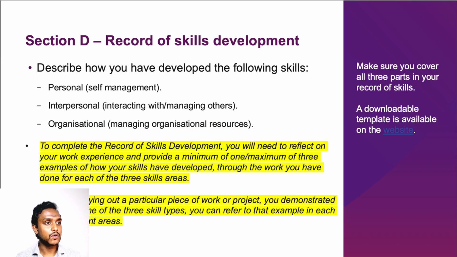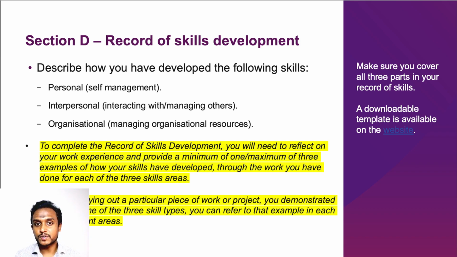CIMA says you have to show them evidence of your improvements relating to personal or self-management skills, interpersonal skills, interacting with and managing others, and organizational skills, managing organizational resources. Personal, interpersonal, and organizational skills.